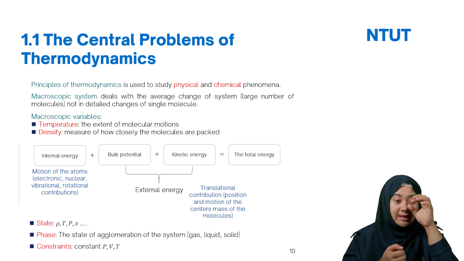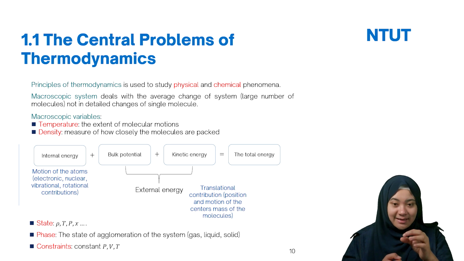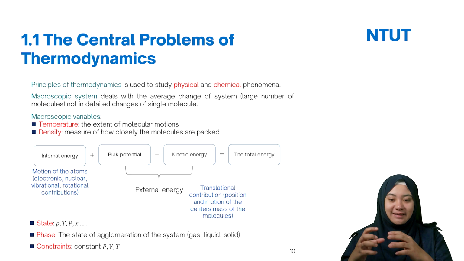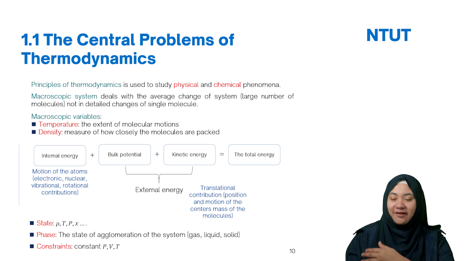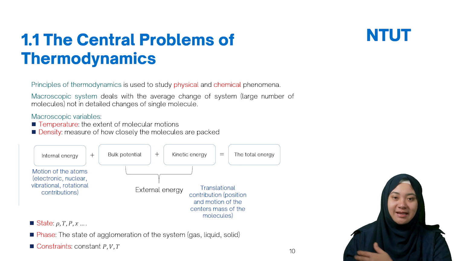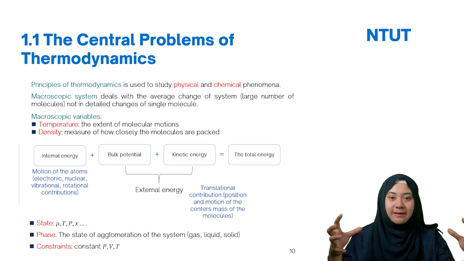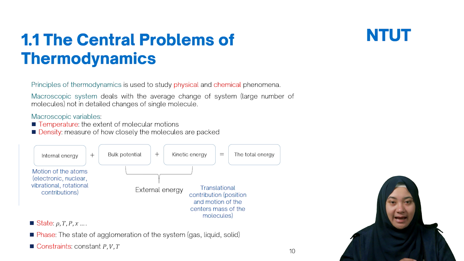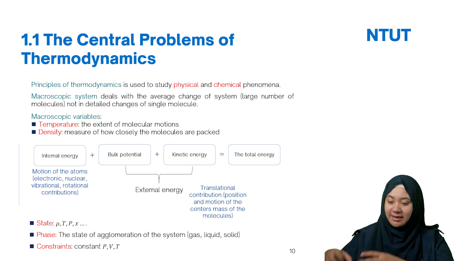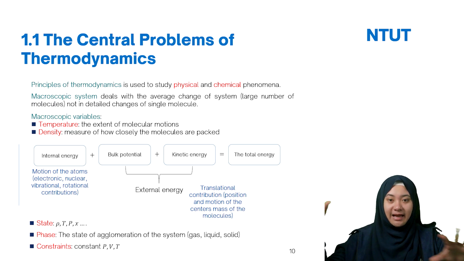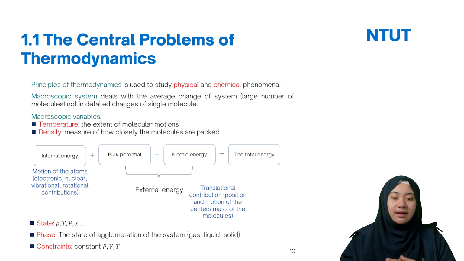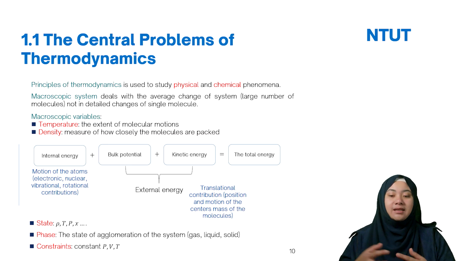If you look at the microscopic state of the liquid phase, you will see the molecules are joined together. For example, I sit here, I have my neighbor, we are just close to each other. This is what we call closely packed. But the gas moves freely. One is here, the other goes to the other side, so they move randomly. That's why the density of gases is less than the liquid phase.